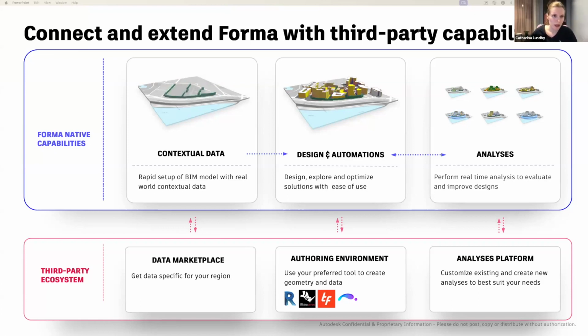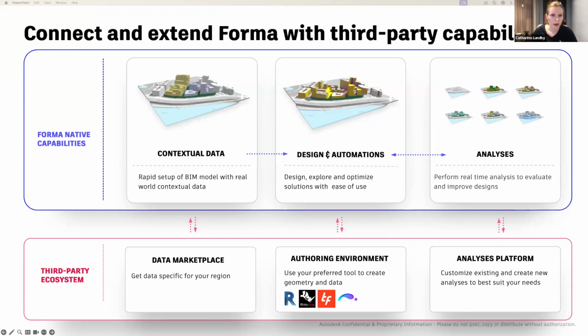And for this reason, Forma, as you can see in the overview, consists of both capabilities that we build ourselves and also of extensions that are built in collaboration with or by third parties, which is the red banner that you can see at the bottom.